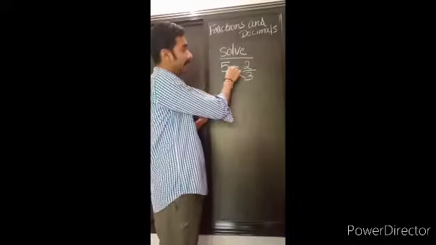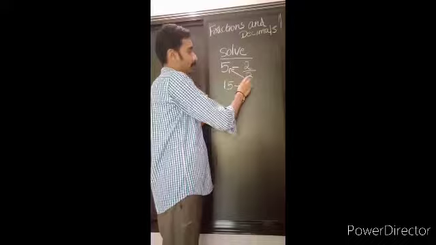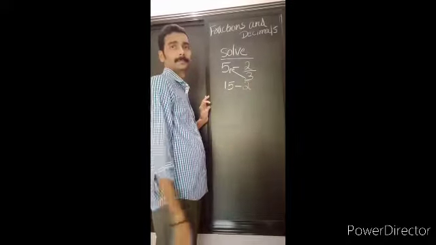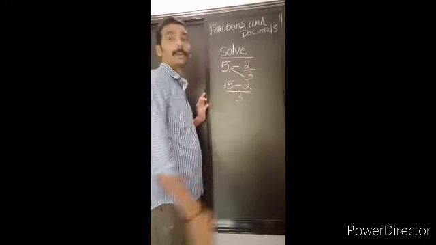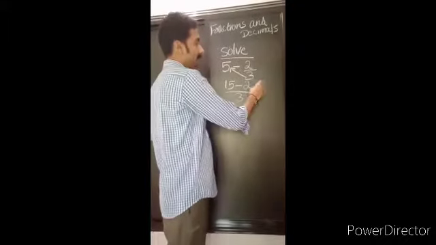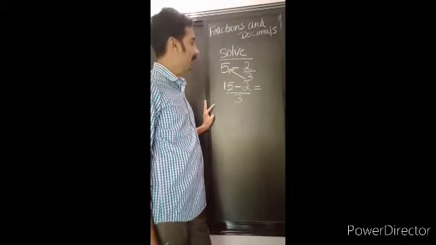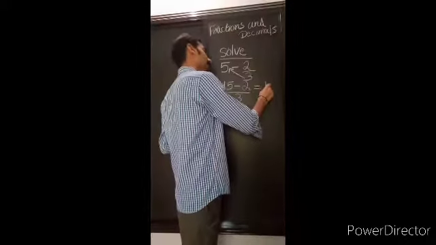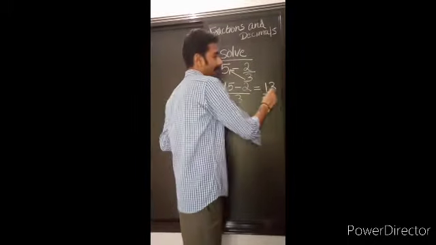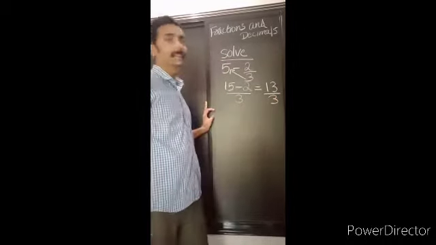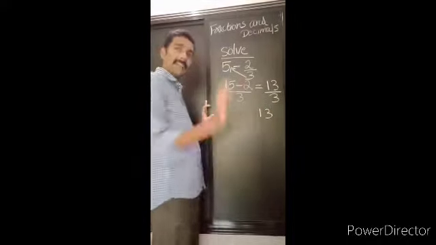The sign is minus, another number is 2, all divided by 3. That means 15 minus 2, that is 13. 13 divided by 3 is the answer.